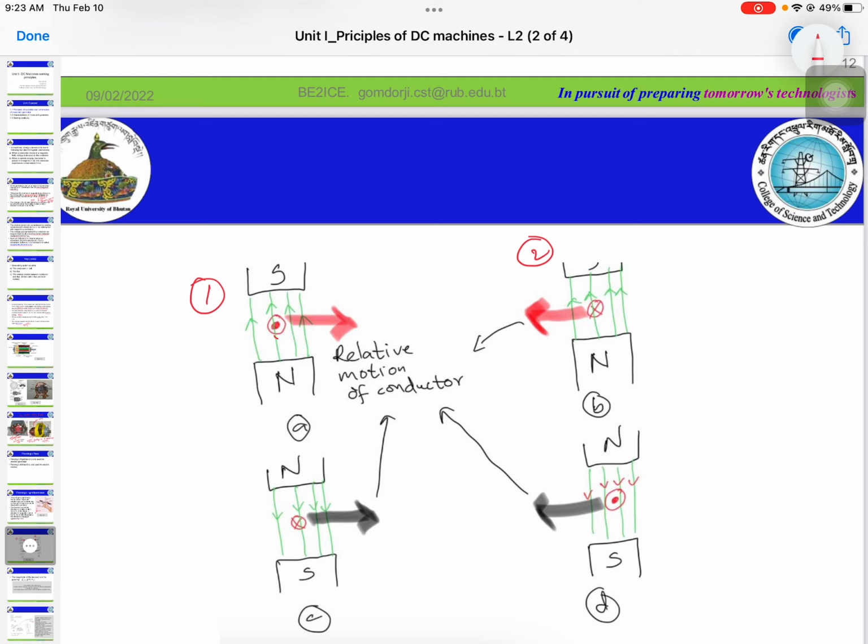current flowing towards the observer. For example, place the paper and put your pen on top of this, and assume that you have the flux direction like this and the rotor direction like this.